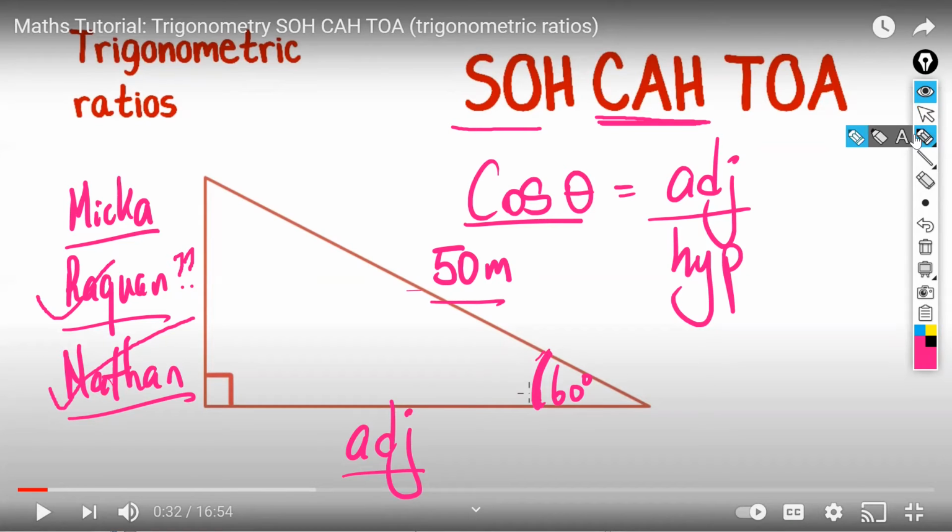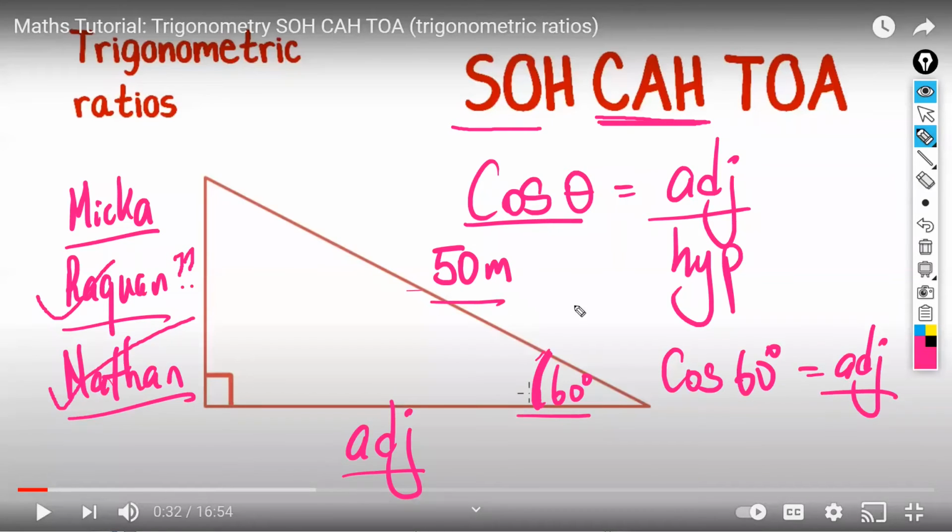So let me help you out, Michaela, if you're not understanding. It's really simple. So cos 60 degrees is equal to the adjacent side over the hypotenuse. In this case, the hypotenuse is 50. So how do we find the adjacent side? We have to multiply the 50 by the cos 60.